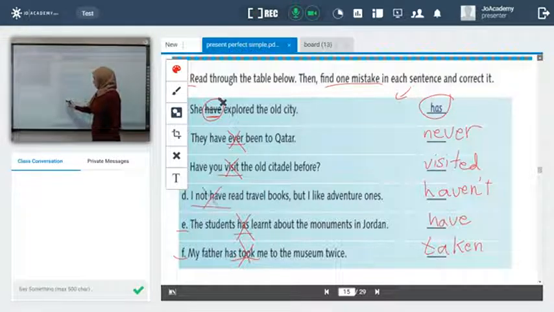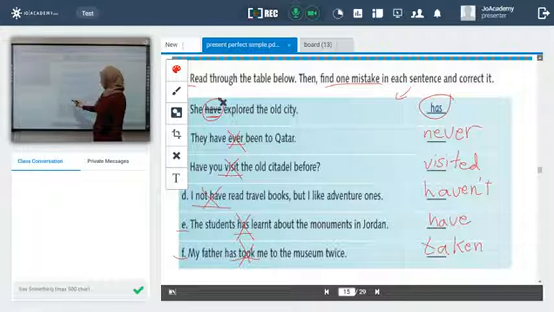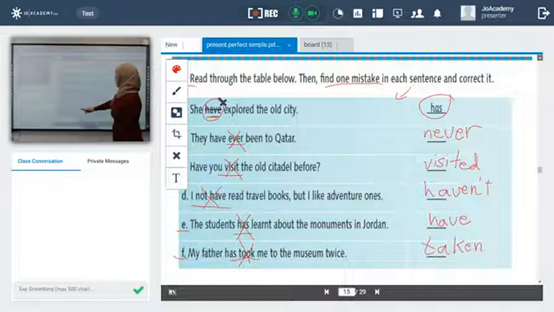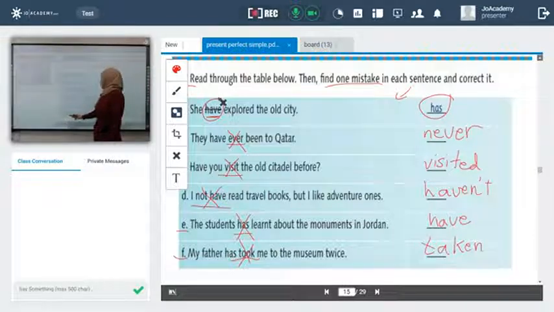I haven't read travel books, but I like adventure ones. The students have learned about the monuments in Jordan. My father has taken me to the museum twice.